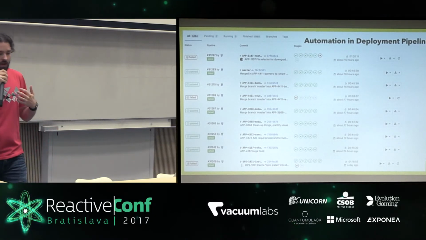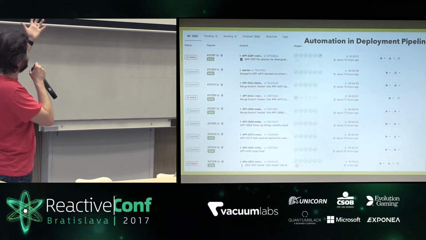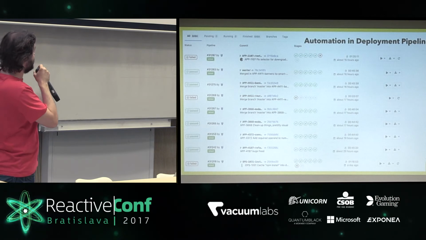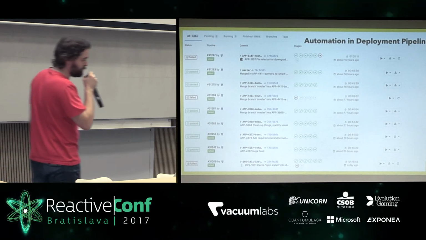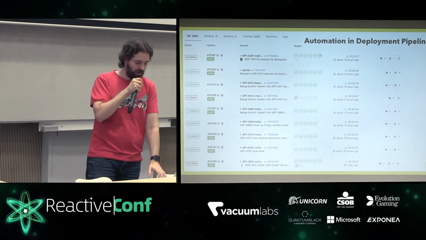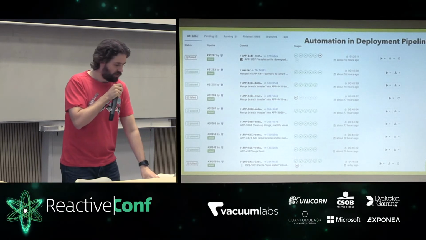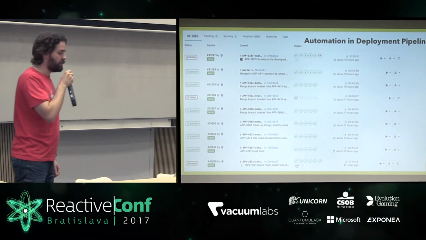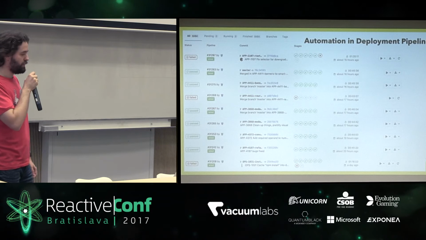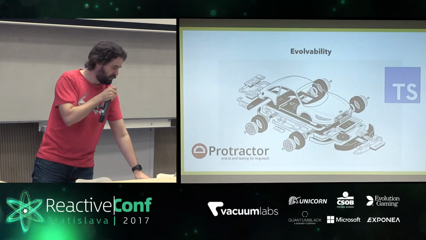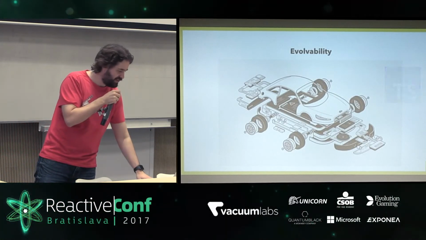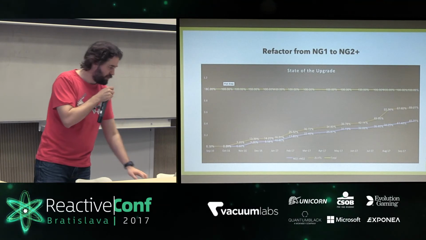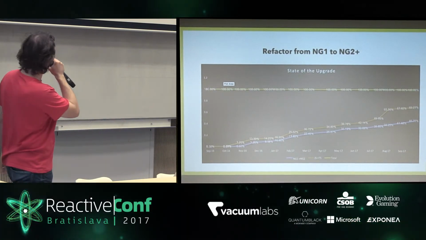You can, for example, use GitLab that will upload the statistics to Sonar or some other tool that can track that. So this is one simple case that we use, refactoring from Angular 1 to Angular 2.